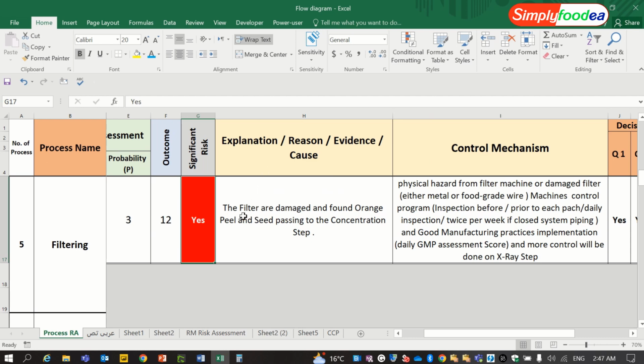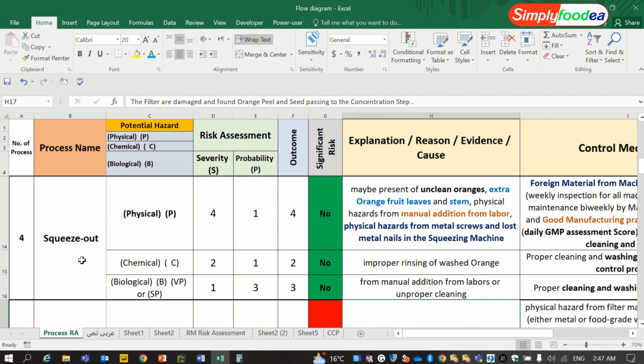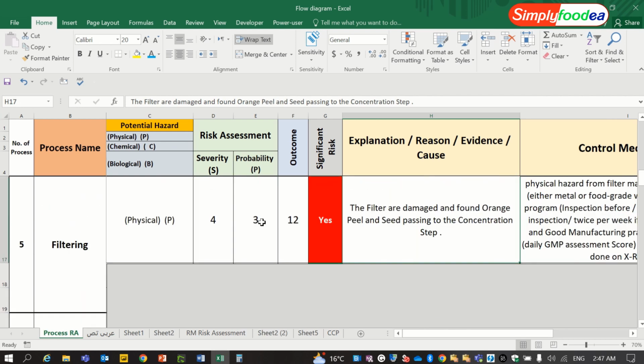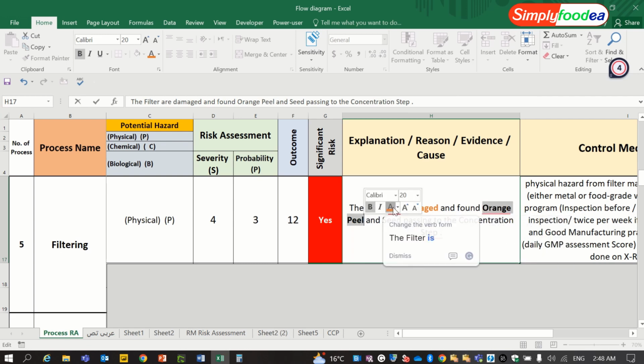So if there is any possible physical contamination from the filter itself, as we have mentioned before in the squeezing step, the possible contamination from lost metal nails and metal screws, and from the filter itself, either if it's damaged, we will highlight it with this color, and found orange peel, and seed, of course.